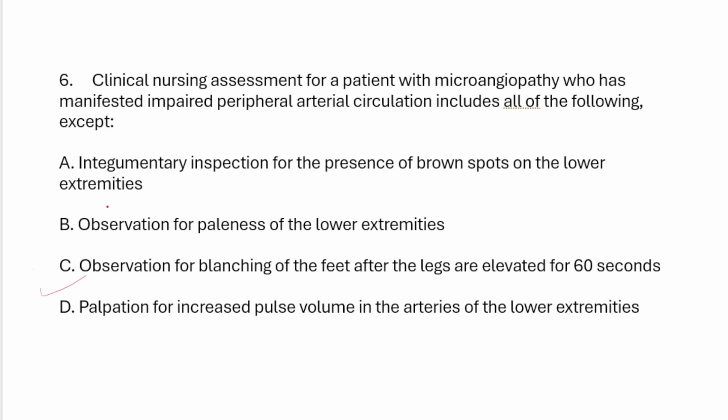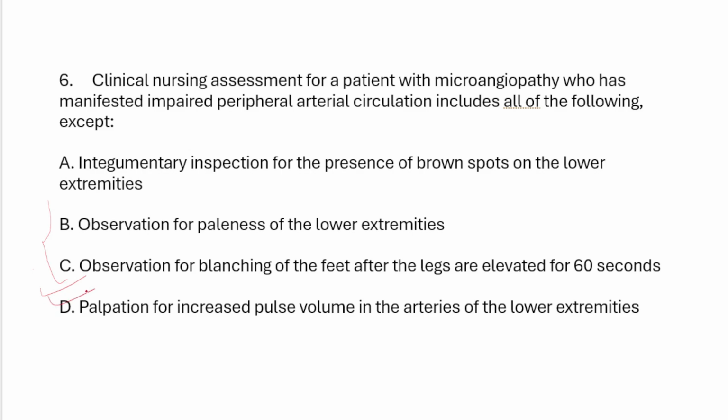If any brown spots are in the lower extremities, we have to check. And observation for painlessness of the lower extremity, we have to see. Any pain is not there, because of diabetic neuropathy. Observation of blanching of the feet after the legs are elevated for 60 seconds. We have to elevate the legs, then only we can see if any blanching is present in the feet. These all three things we have to note.